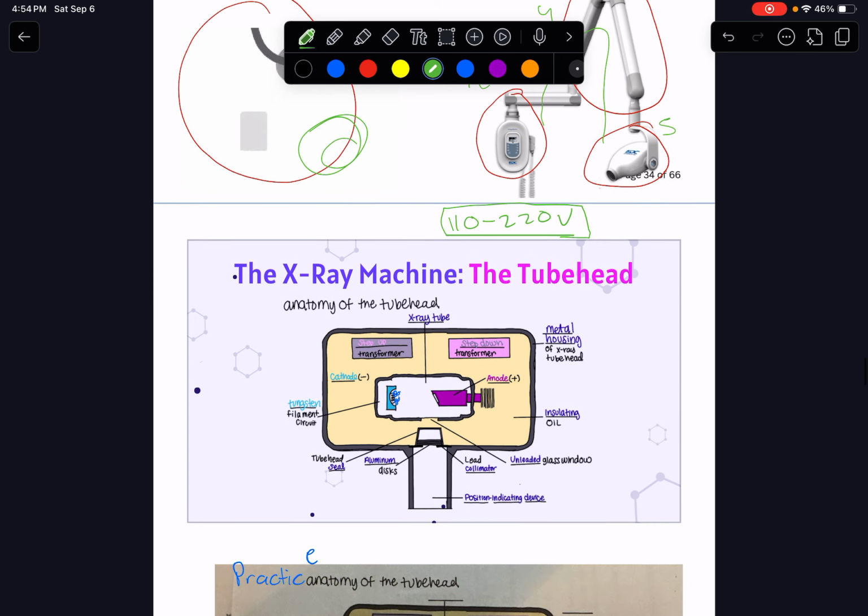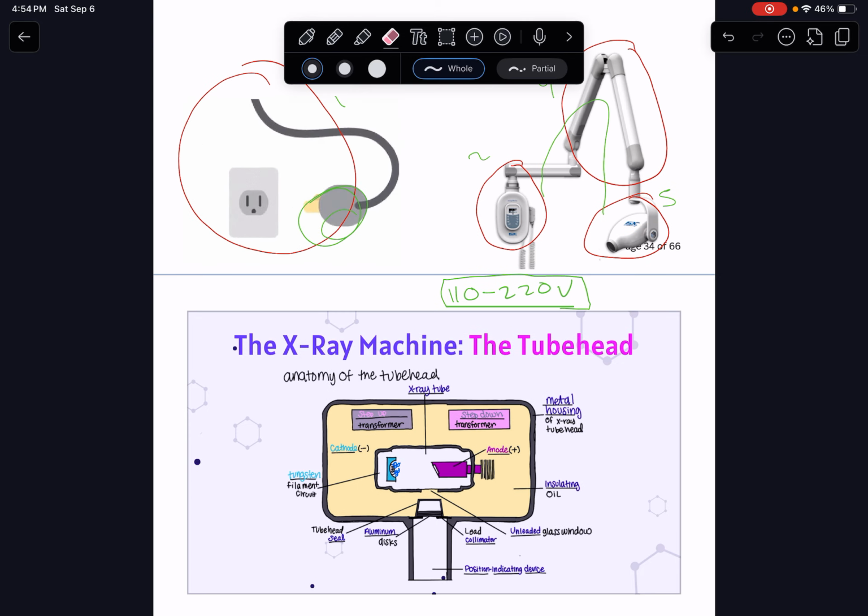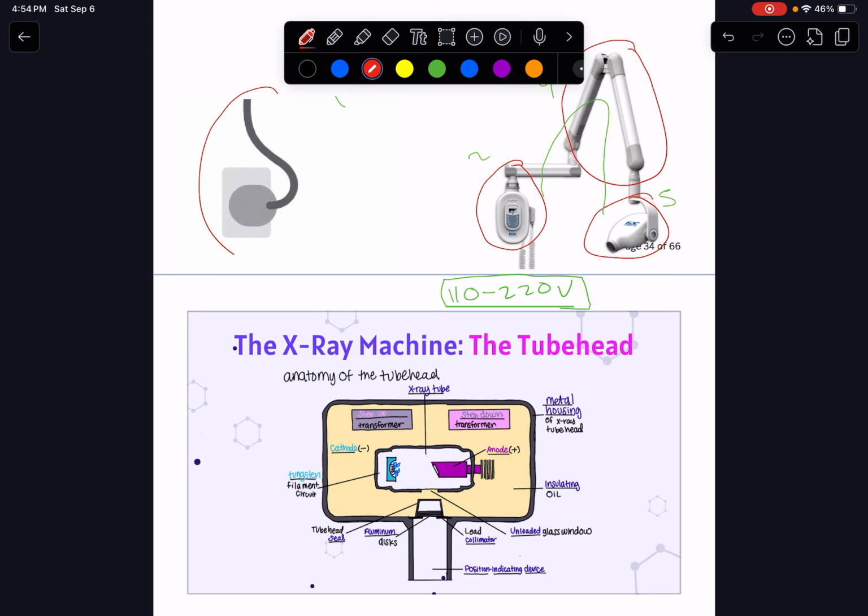And then when it says the voltage goes to 3 to 5, this is where it starts to get confusing. Again, the electrical current goes through the cord, through the control panel, to the extension arm, to the tube head.